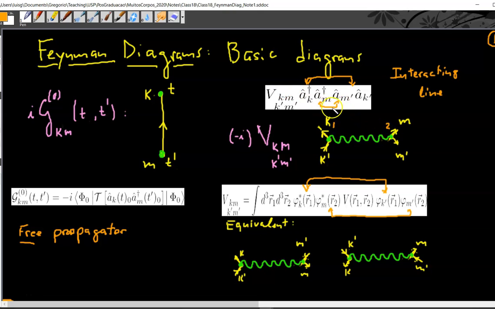So these involve pairs of vertices, okay? And what I mean is that this wavy line, the interaction line, goes from 1, and this is 1 and this is 2. Okay, these two indices refer to position 1 and this is position 2.